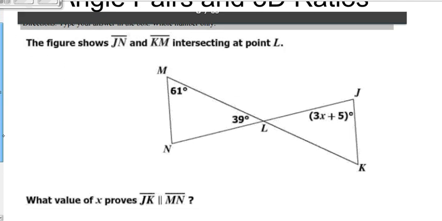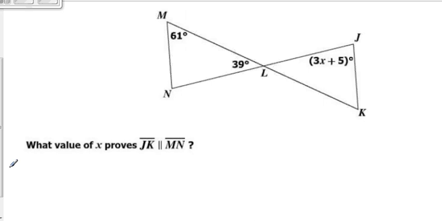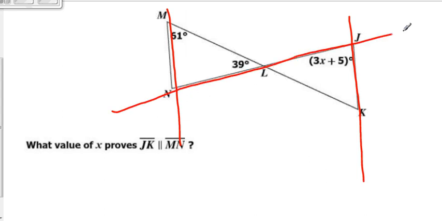So looking here, we have the figure that shows intersecting points. So these are parallel lines, JK and MN. So here's my parallel line, and here's a parallel line. And here is my transversal line.